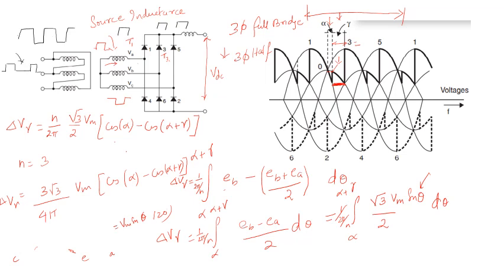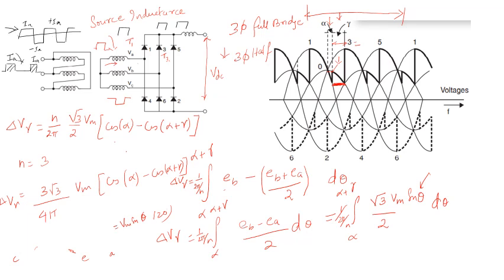So what happens, your transformer is not built for this type of waveform. Okay, that means this is your phase A current, it has only a DC component. Here your phase A current for a full bridge is plus IA, minus IA. Similarly, plus IA, minus IA, right?